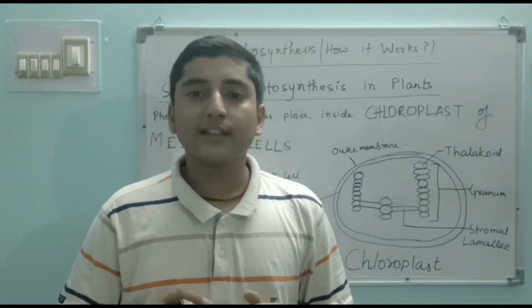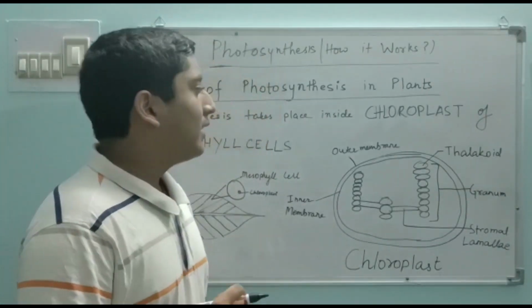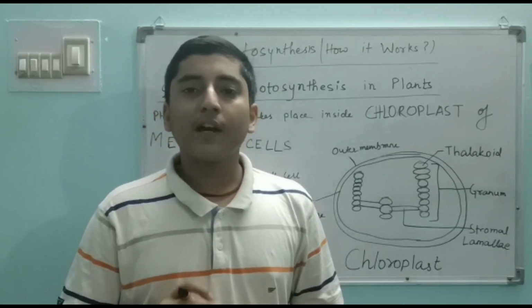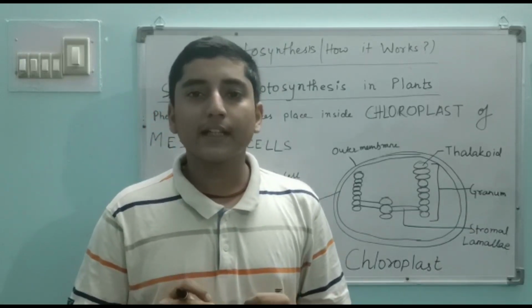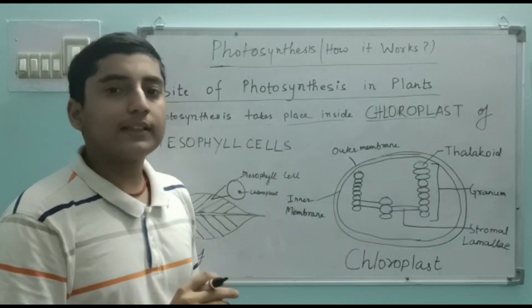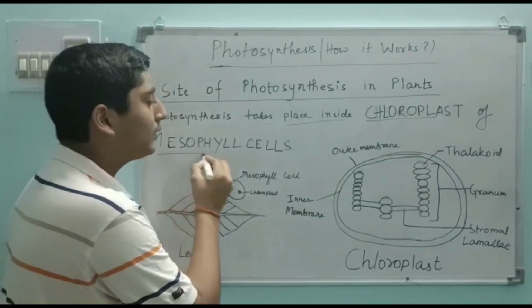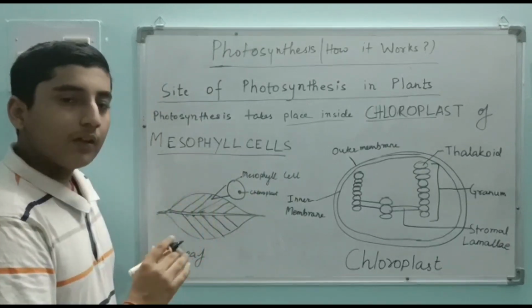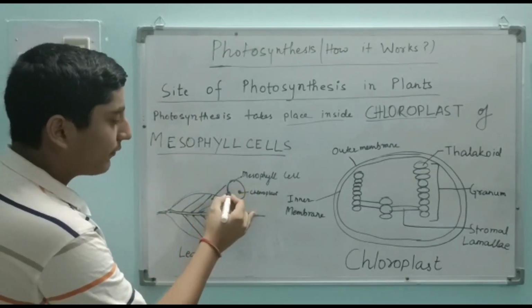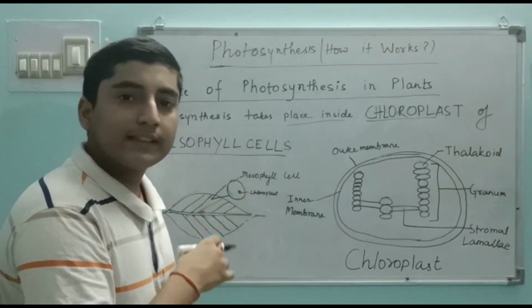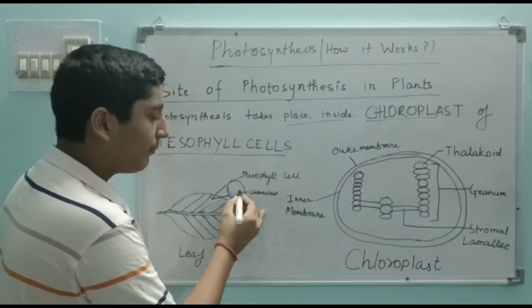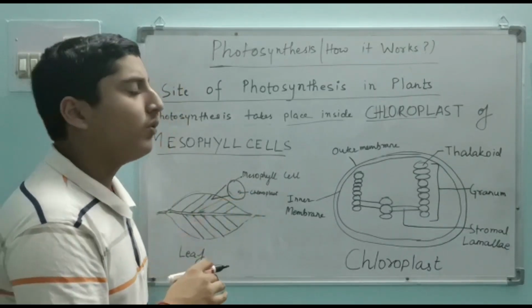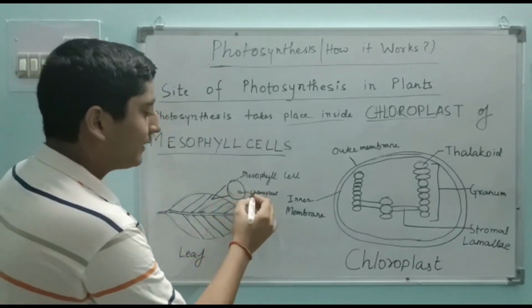Now we will study the site of photosynthesis in plants, that is, where the photosynthesis process takes place. Photosynthesis takes place inside the chloroplast of mesophyll cells. Look here, this is the leaf and this is the mesophyll cell. Inside the mesophyll cell is the chloroplast, a cell organelle present only in plant cells.